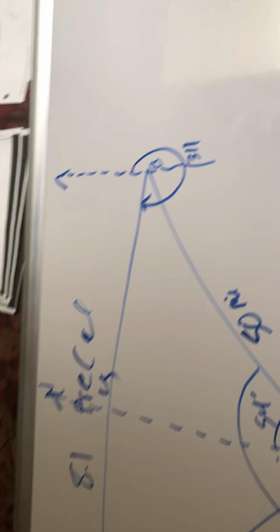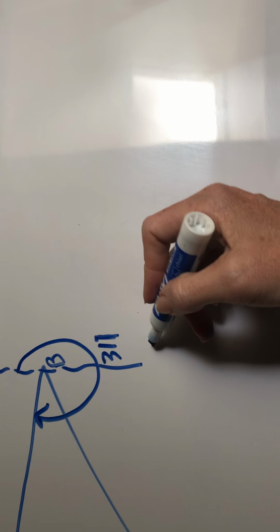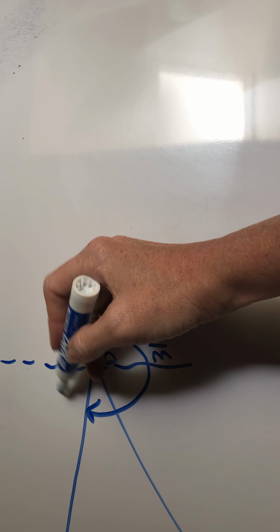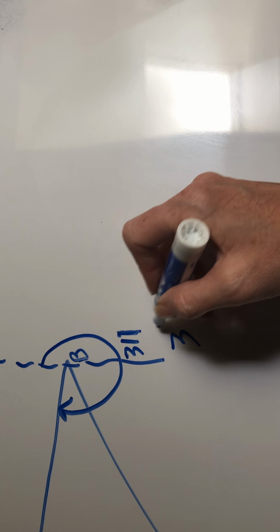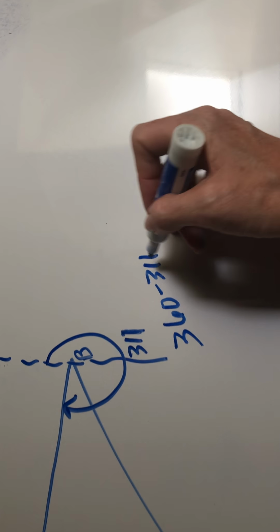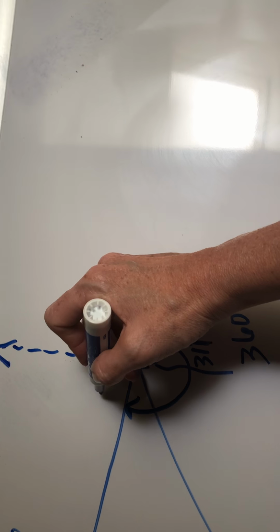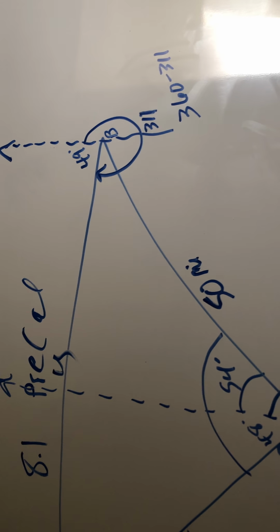Then over here, I could find this piece right here by doing 360 minus 311, which would give me 49. So this piece is 49. That piece right there is 49.